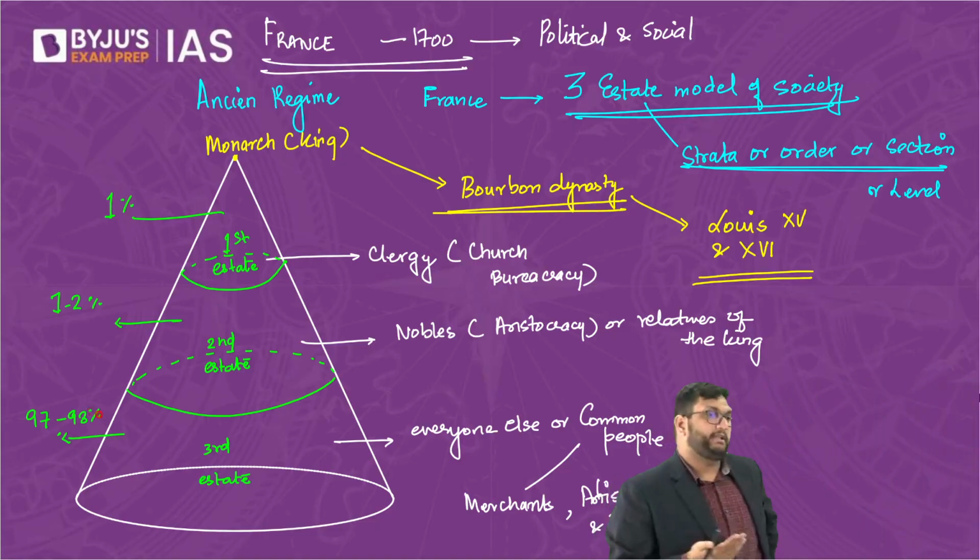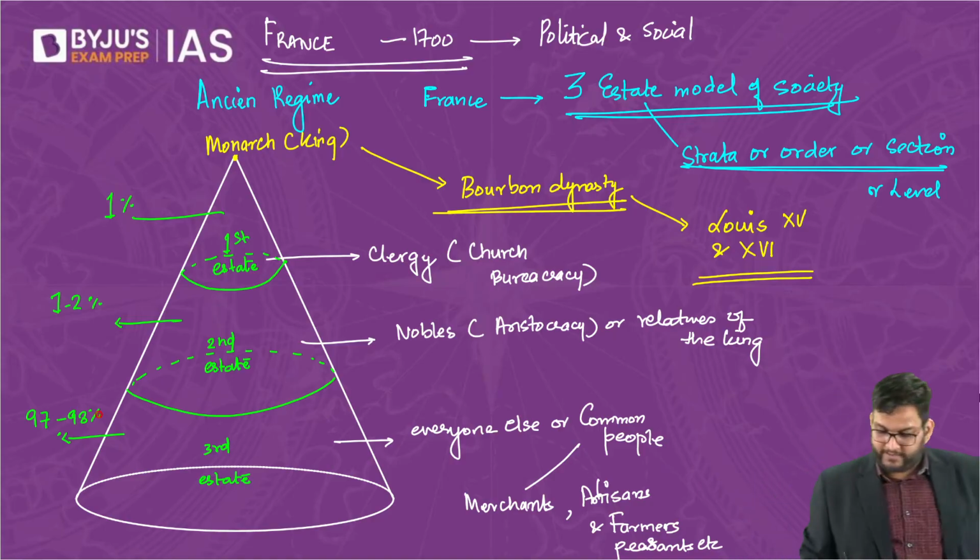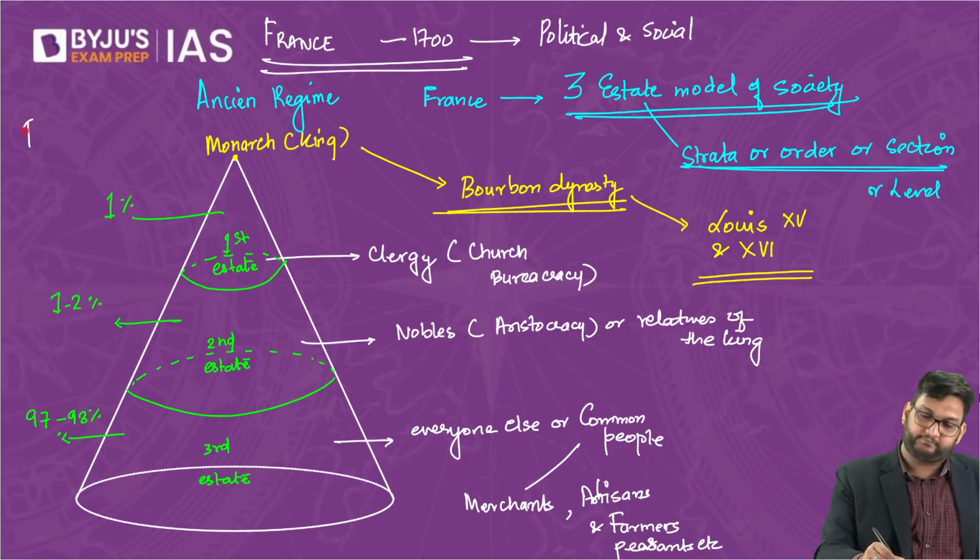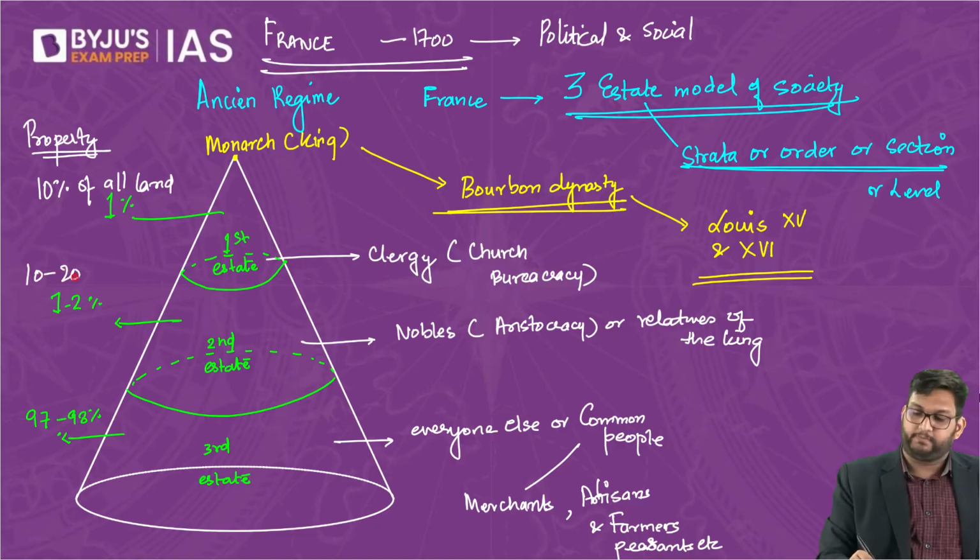But ironically, when it came to property, the third estate got 10 to 20% of all land, and the first two got the rest of the land.